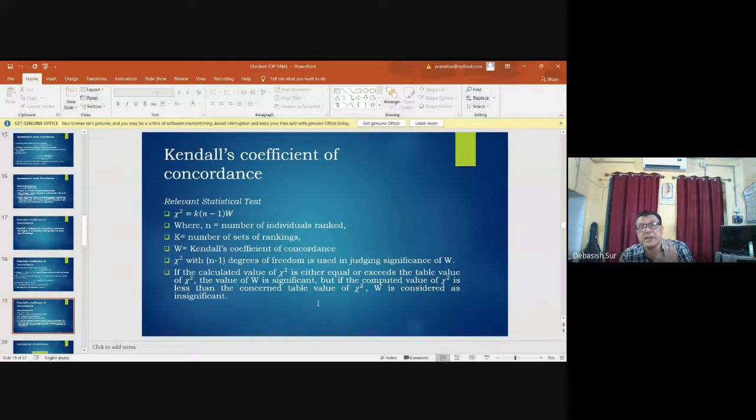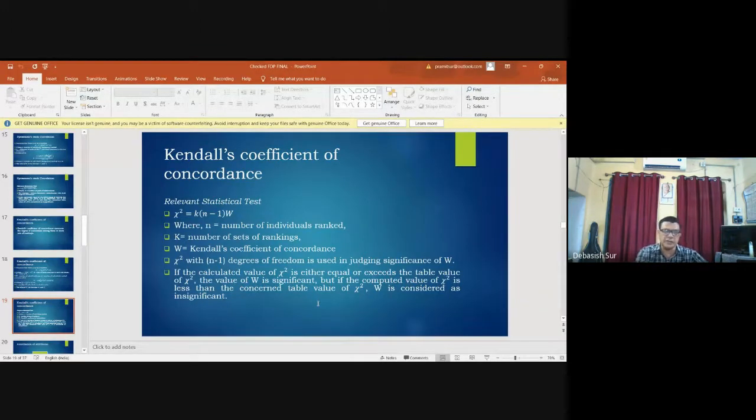But if n exceeds 7, then we have to use the chi-square test in order to examine whether the computed value of Kendall's coefficient of concordance is statistically significant or not, where chi-square equal to k into (n minus 1) into W. Here n is the number of individuals, k is the number of sets of rankings, that means number of variables.